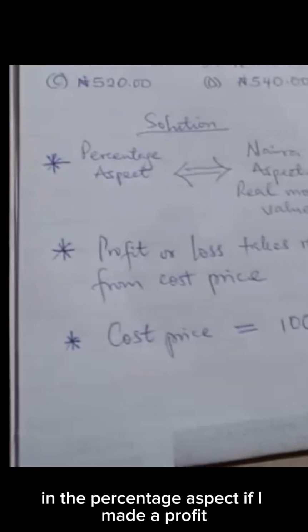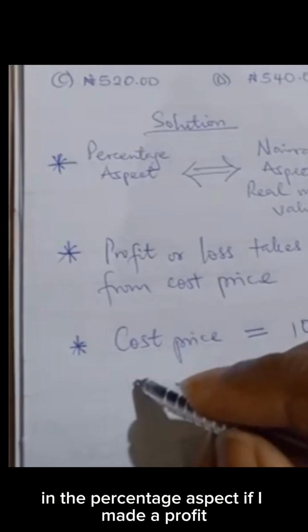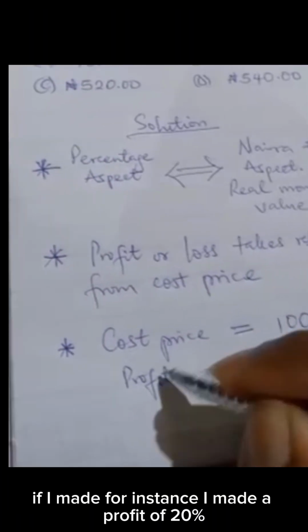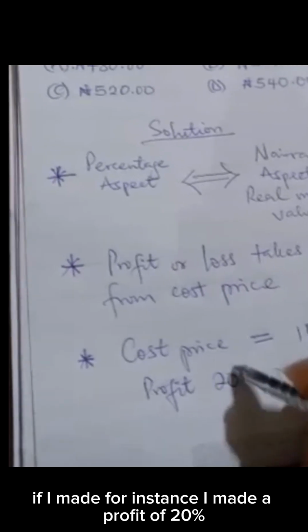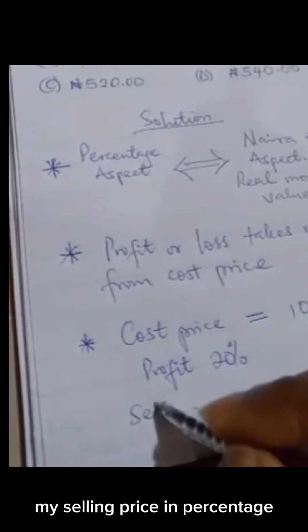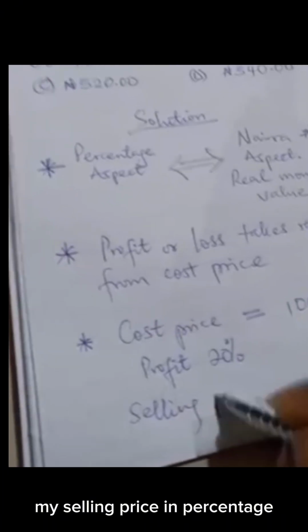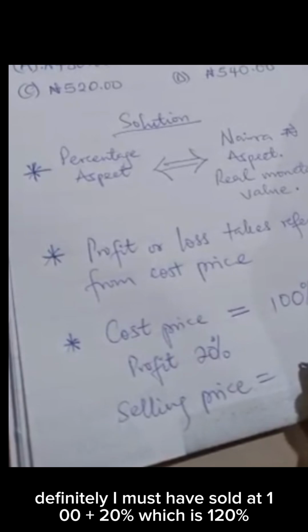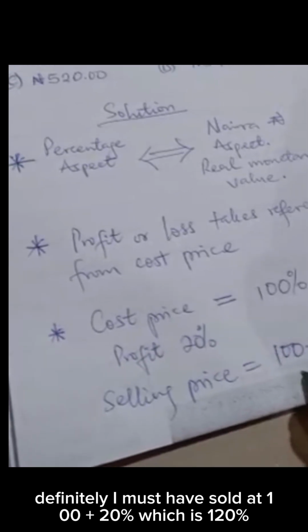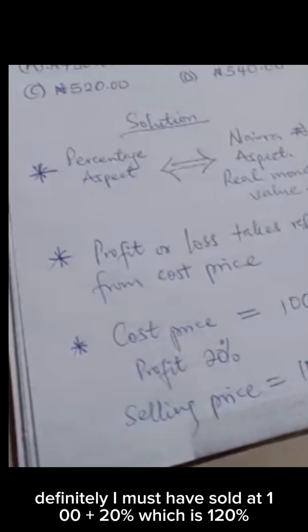In the percentage aspect, if I made a profit of 20%, what does that tell you about my selling price? My selling price in percentage must be 100 plus 20%, which is 120%.